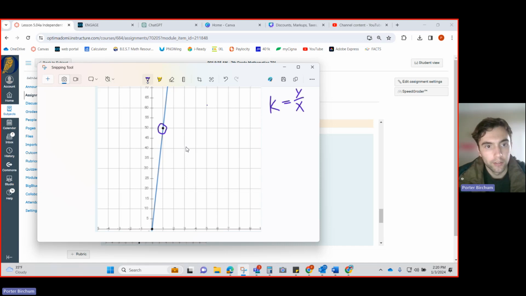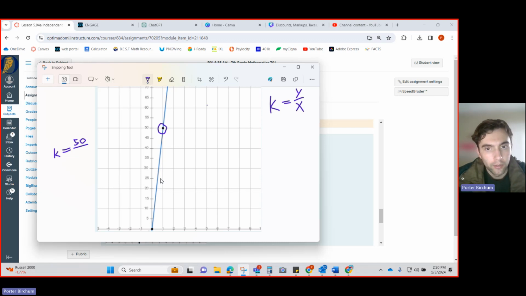The y value tells us how far up the graph we go. The x value tells us how far to the left or right on the graph we go. So let's find that y value. What is the y value for that dot? How far up the graph do we go? We go up 50, so the y value is 50.